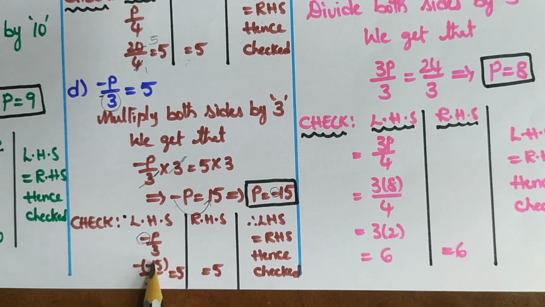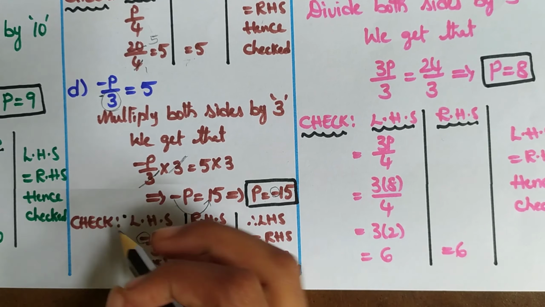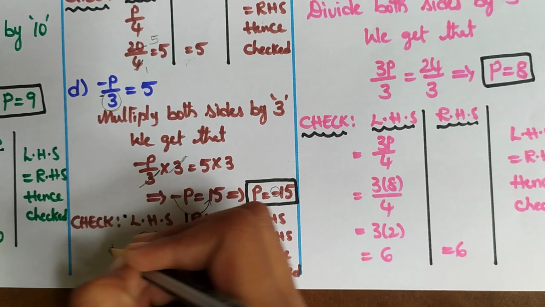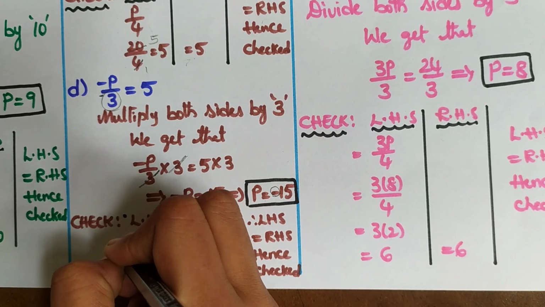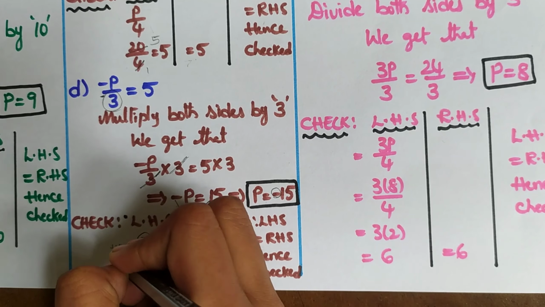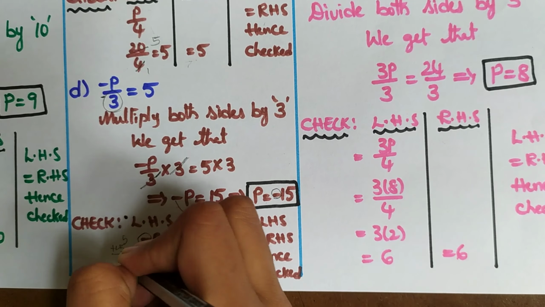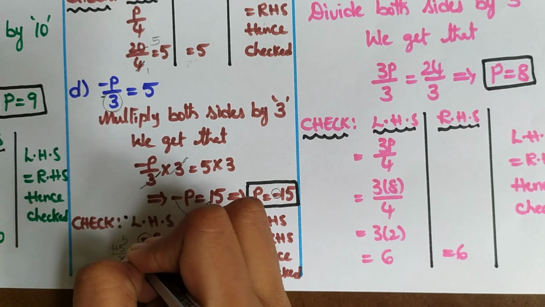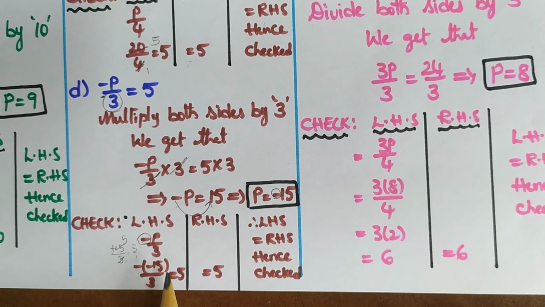This minus into minus is plus, so I am writing plus 15 by 3. 3 ones are 3 and 3 5s are 15, so it is 5 by 1, nothing but 5. So LHS is 5, RHS is 5.